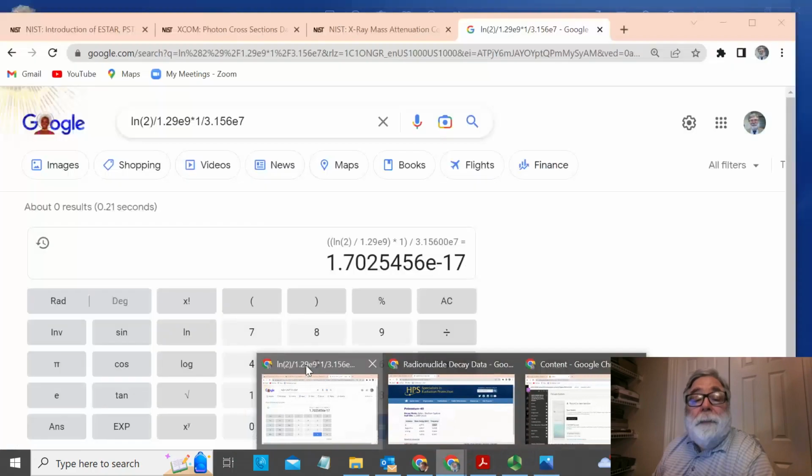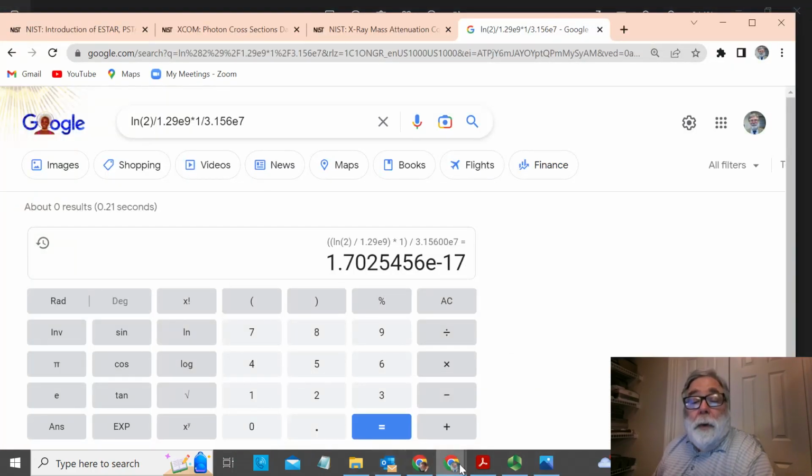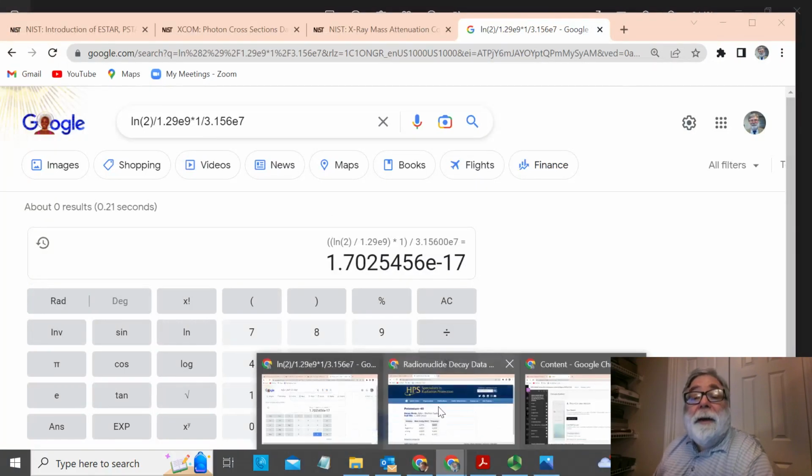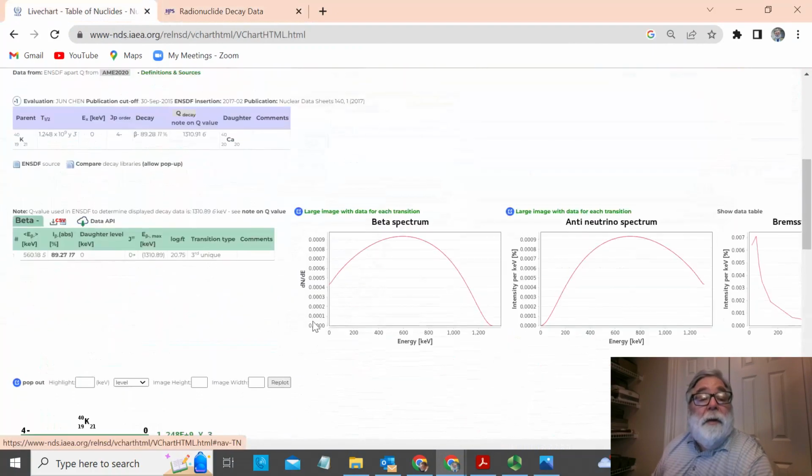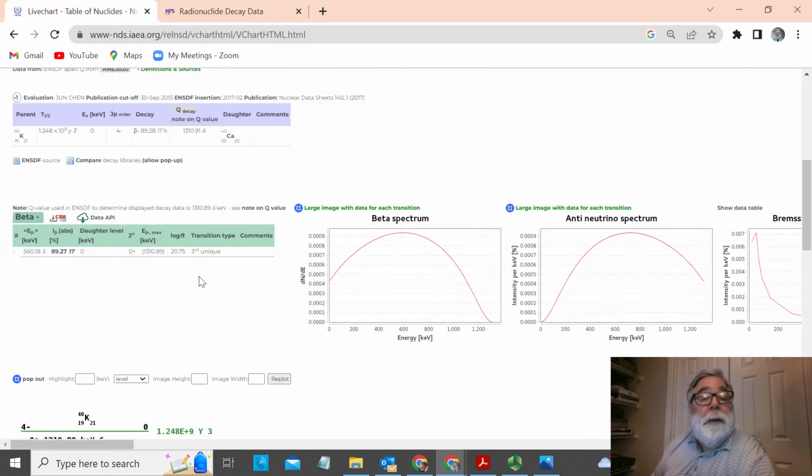Let's go back to this chart of the nuclides. So we have a beta particle that's got this beta spectrum. We want the endpoint energy here, and that is reported right here, the beta max energy, 1.311 MeV, 1311 keV. So that's what I used when I did this assignment.